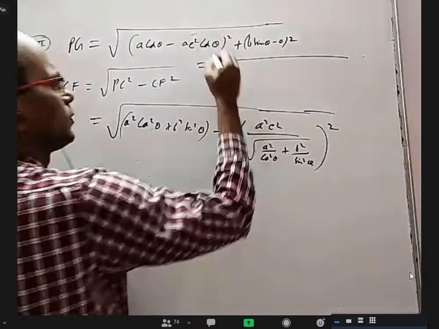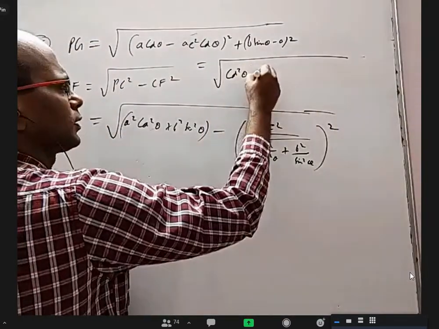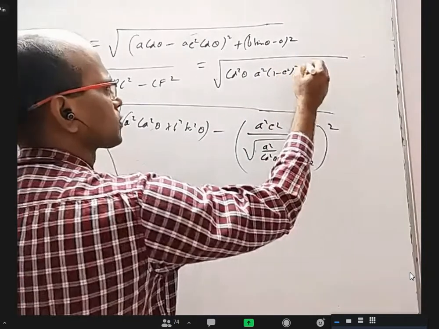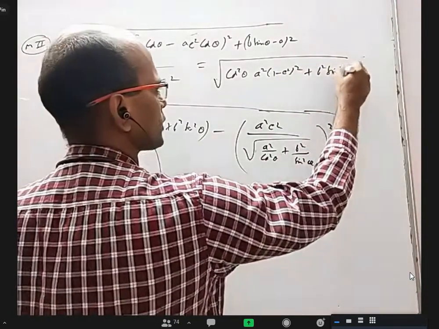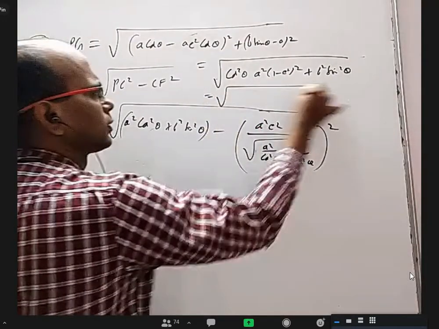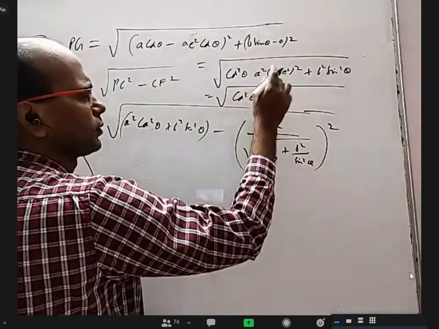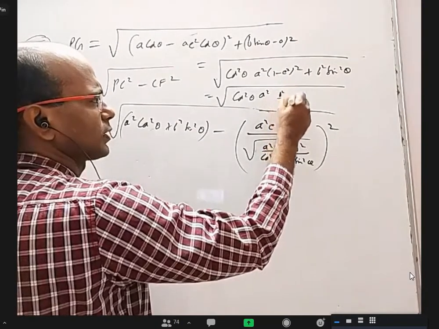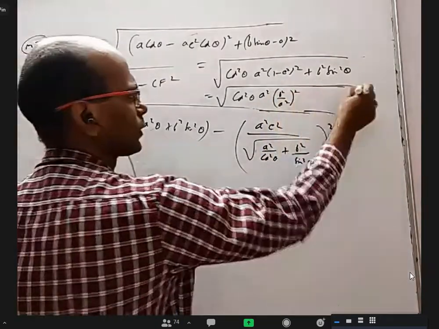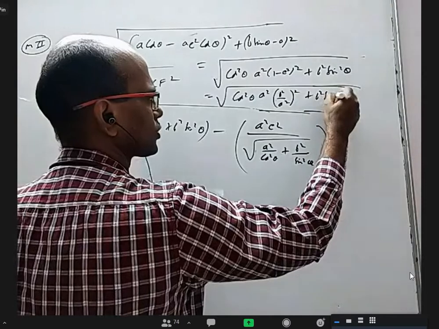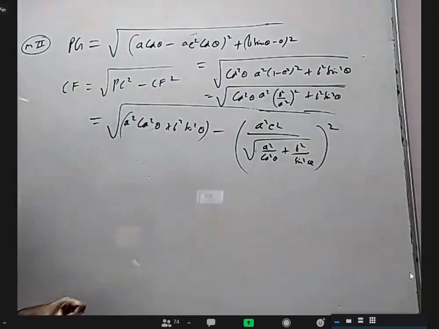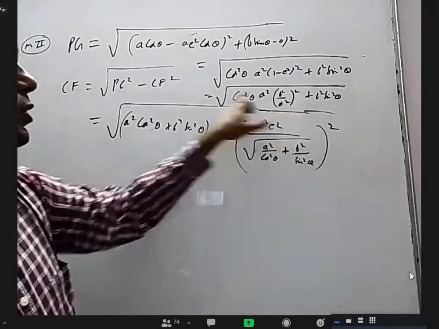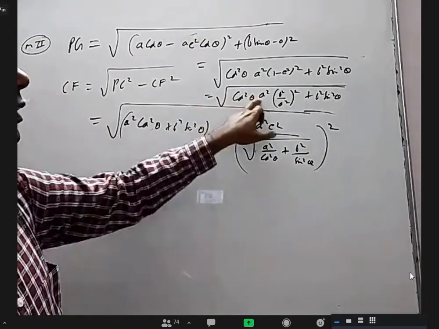Okay. So I will take cos square theta common, A square into 1 minus E square whole square plus B square sin square theta. This is cos square theta, A square into 1 minus E square can be written as B square by A square whole square plus B square sin square theta. Okay. So I can take B square common and one A square will cancel.